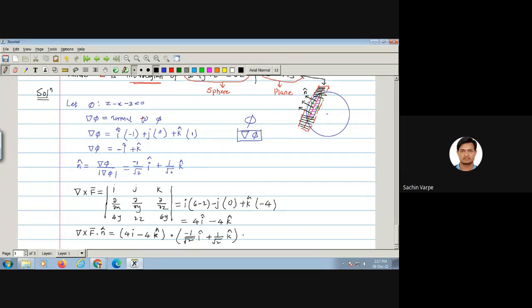So the dot product of both is minus 4 by root 2 minus 4 by root 2, so how much is this? Minus 8 by root 2, that is minus 4 root 2.